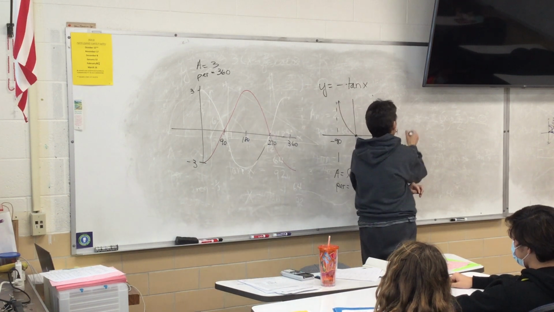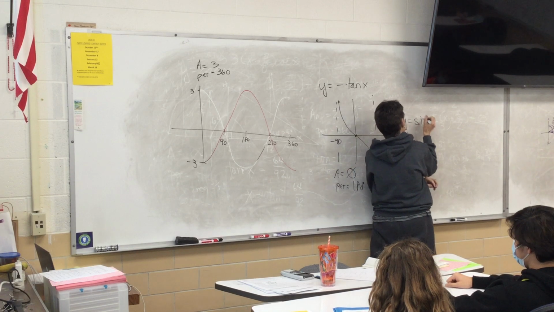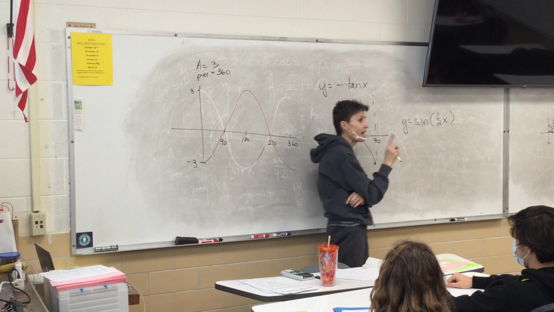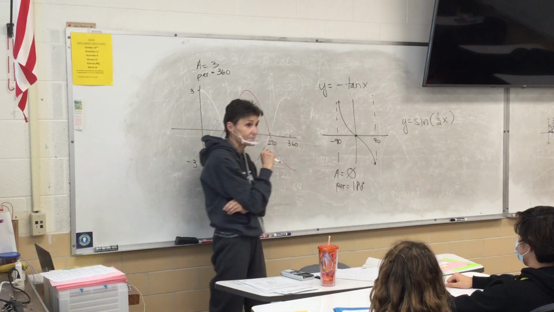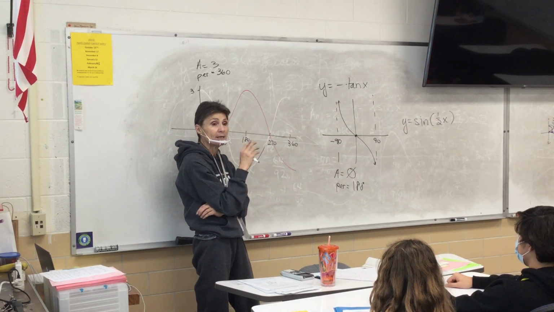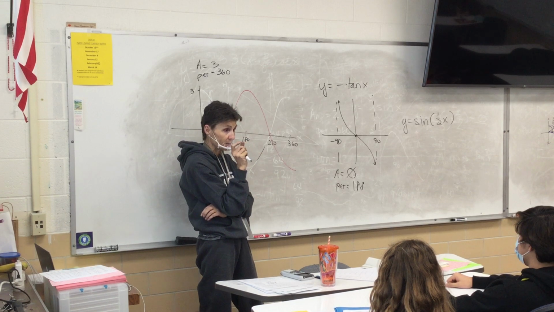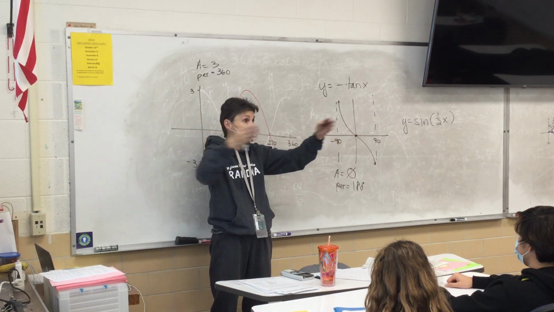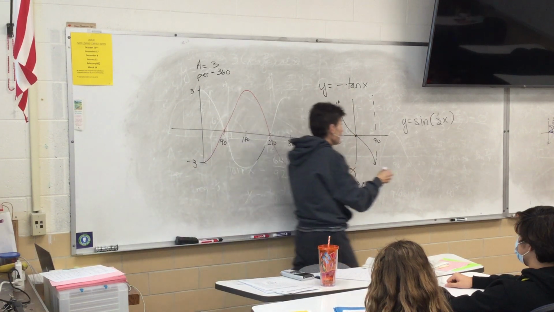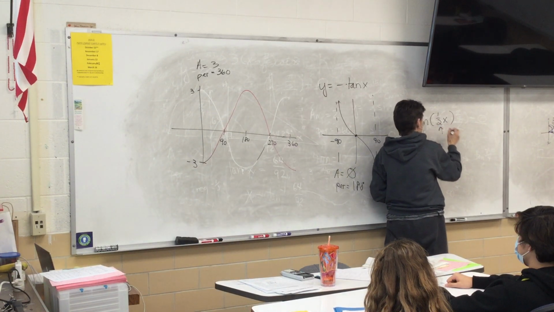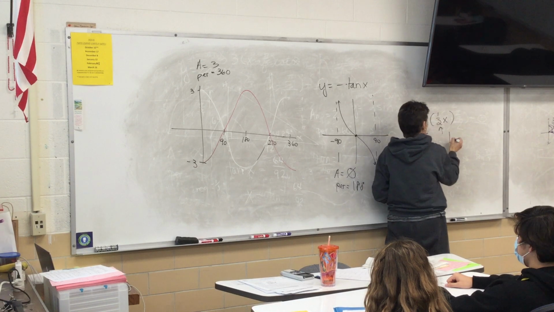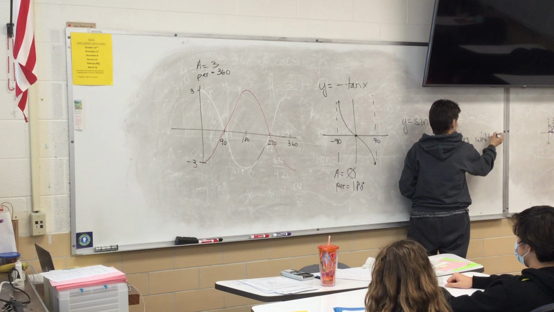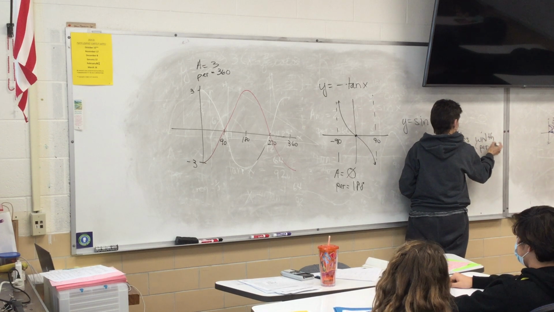What's different about it? Now the number is not in front of the function itself. It's not out in front. Now it's on the x. That changes the period. This number right here, you might remember from chapter 1, divides the width, which is known as the period.